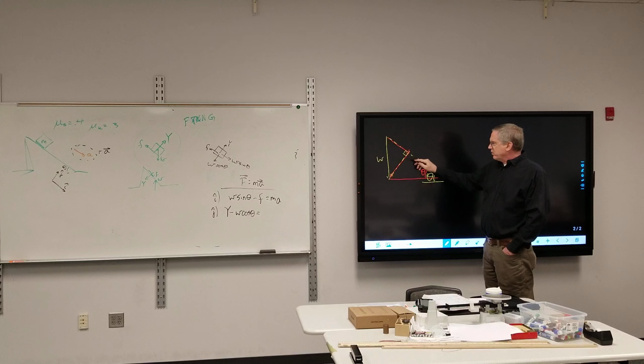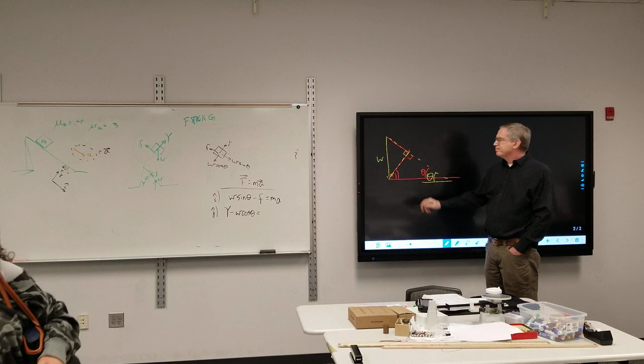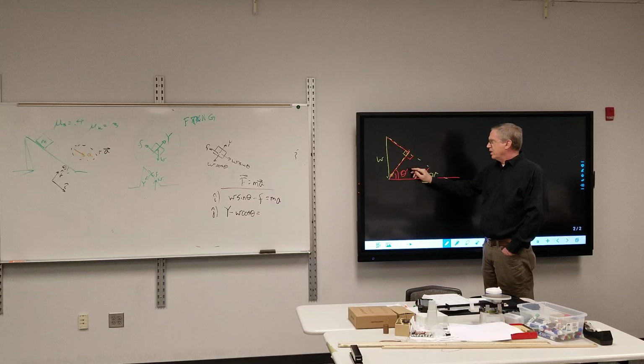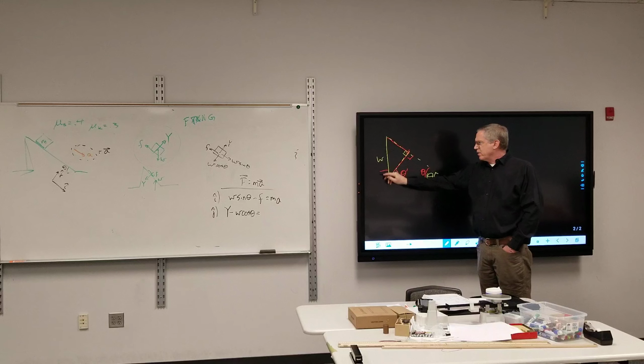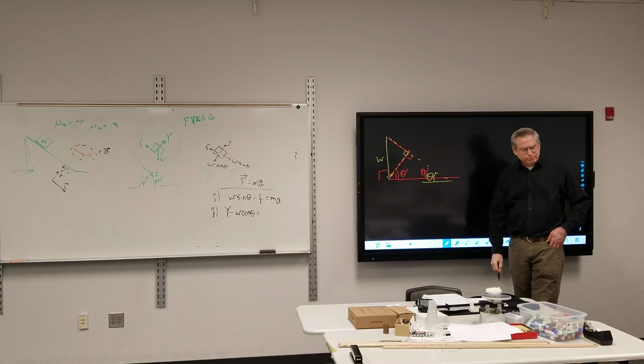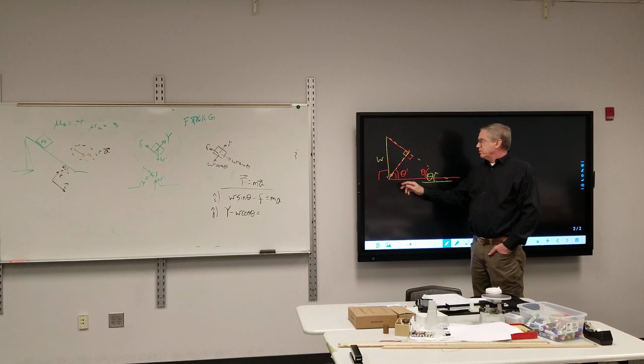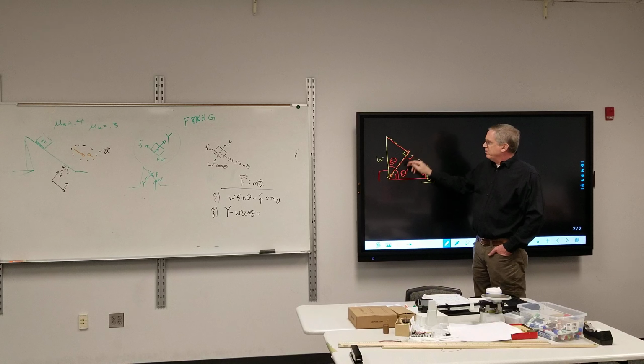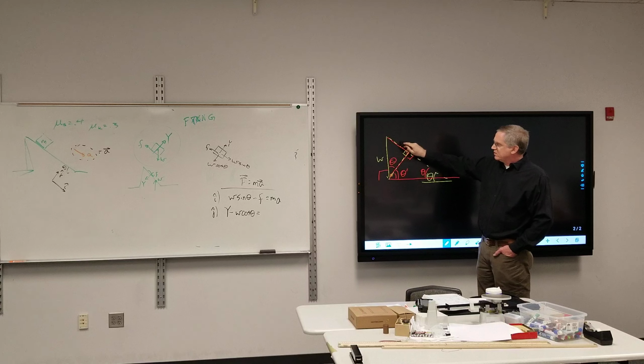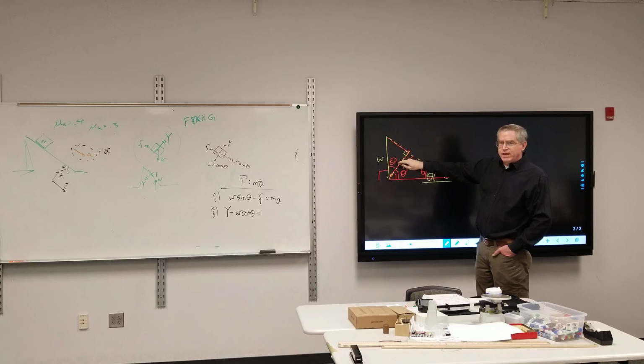If this angle, and that's a right angle, so what is this angle? 90 minus theta, which I'm gonna label as theta prime. This is a right angle also because weight is perpendicular to the ground. So what would this angle here be? Theta. So if I look at my original right triangle, this is opposite of that angle, so this is the sine.